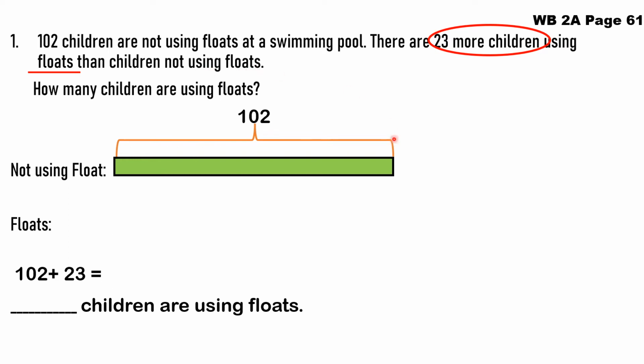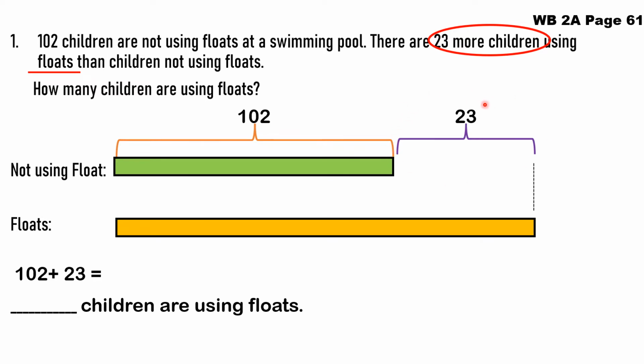That means it is more than, right next to the number of children that are not using floats, which is here. So the total number of children that are using floats will be this one, which is 102.